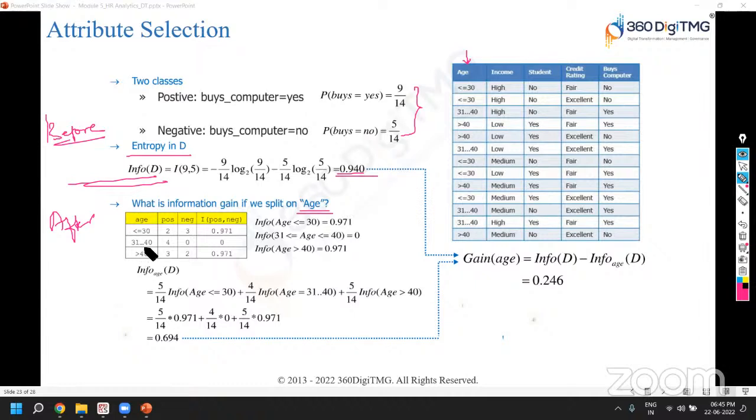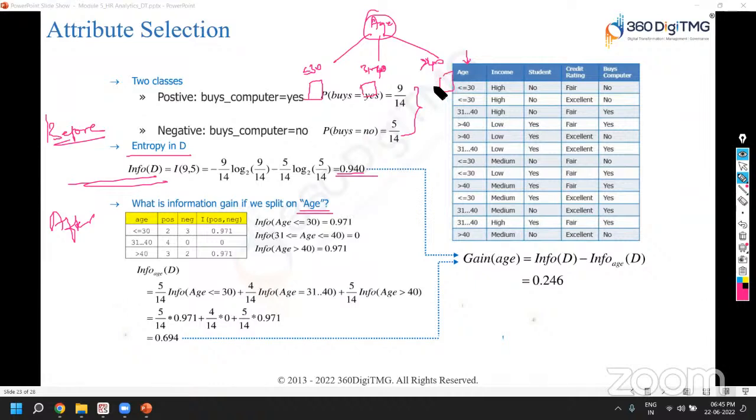We have already seen this. So if I use age to split the tree, I get 3 branches. So what is the entropy in each of these data sets? That has to be captured.